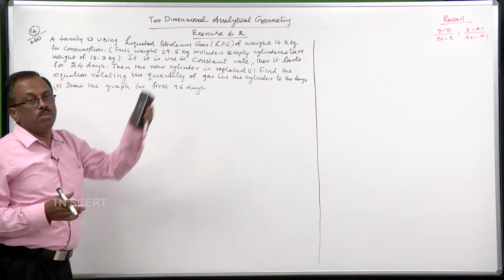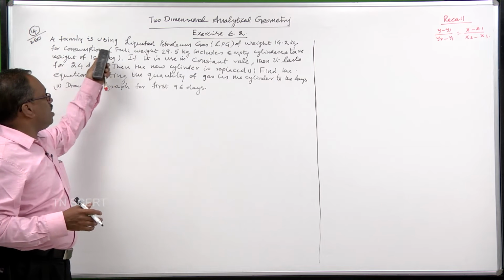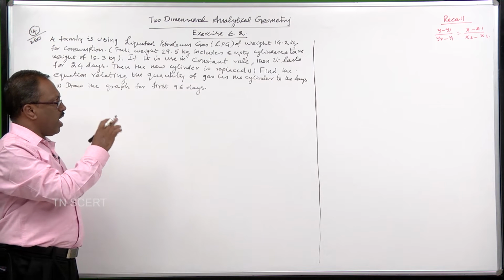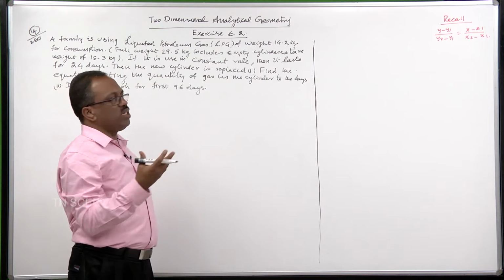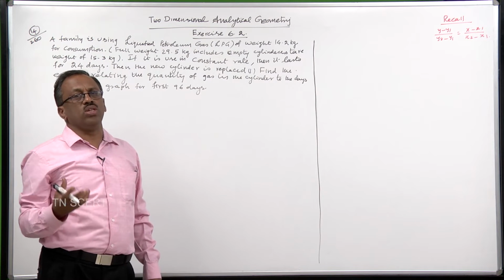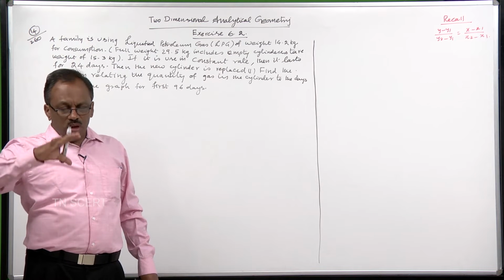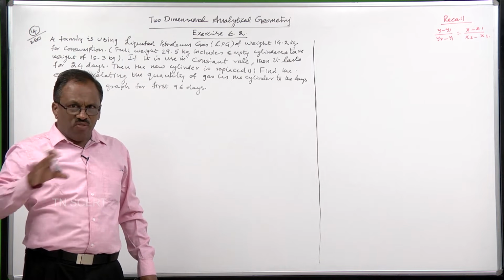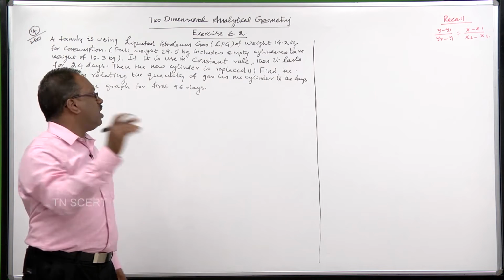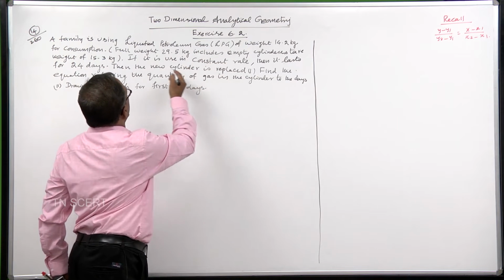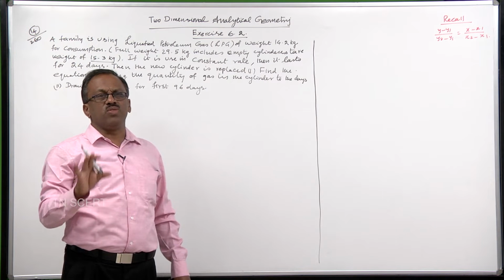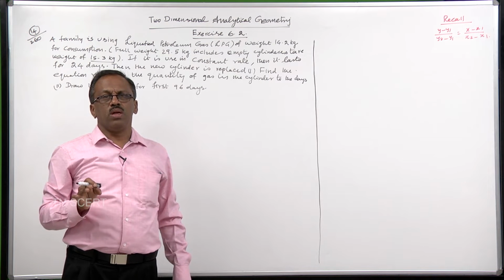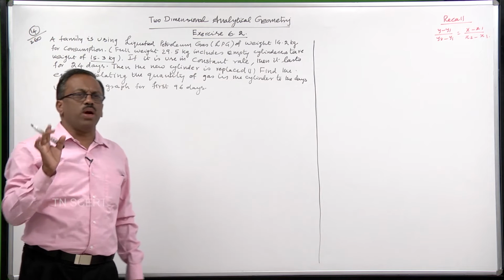Let me read out the problem. A family is using LPG gas, that is liquefied petroleum gas, of weight 14.2 kg. If it is unfilled, the empty cylinder is 15.3.